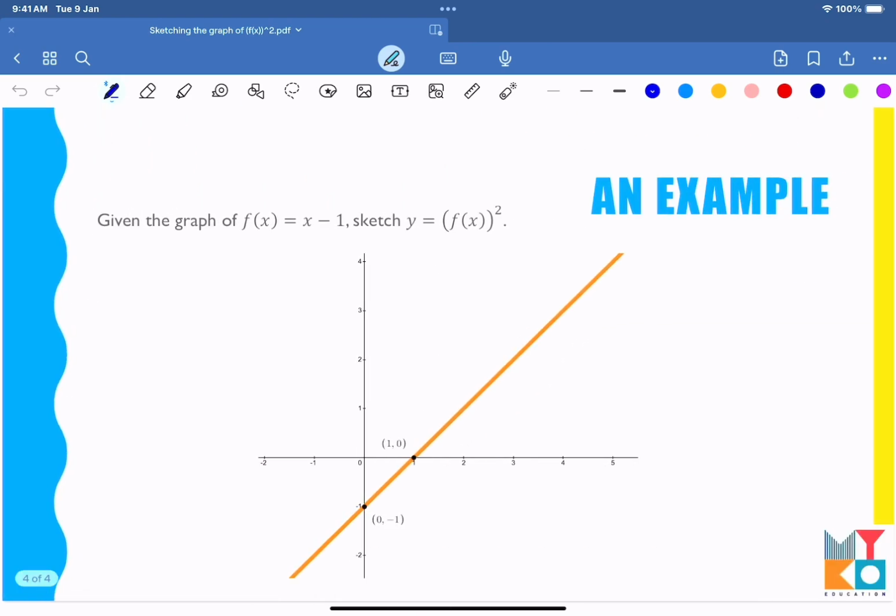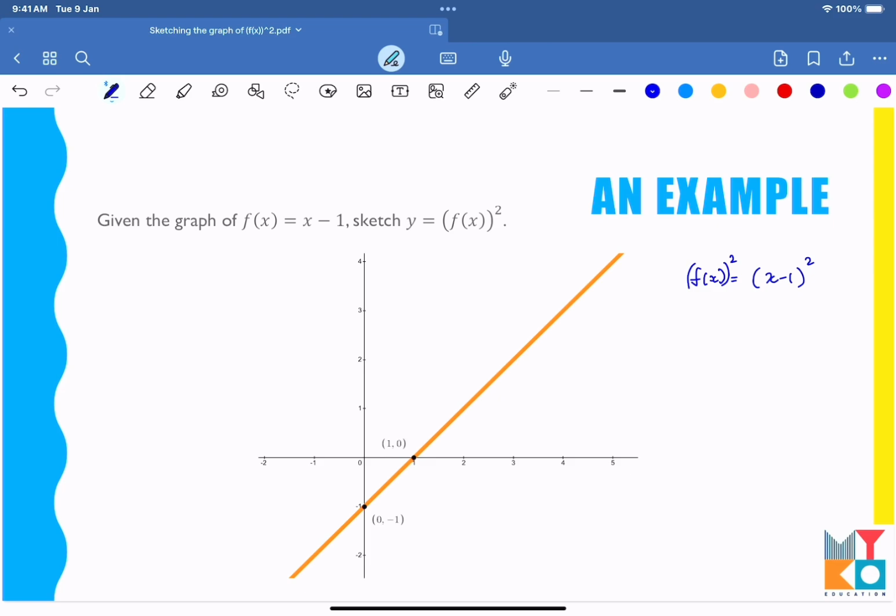So we're going to start off with a very simple example. If f of x is a linear line, where f of x is x minus 1, the square of f of x is going to be (x minus 1) squared. This is a parabola, obviously, but how can it be achieved from looking at the straight line x minus 1?